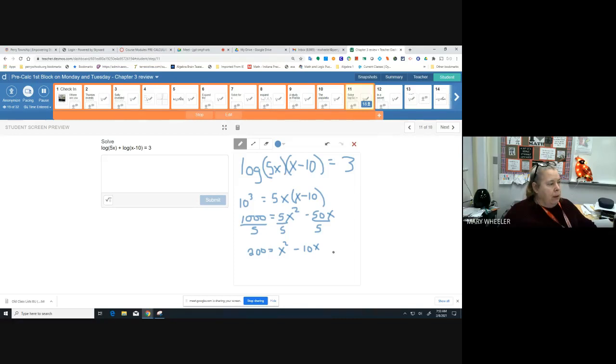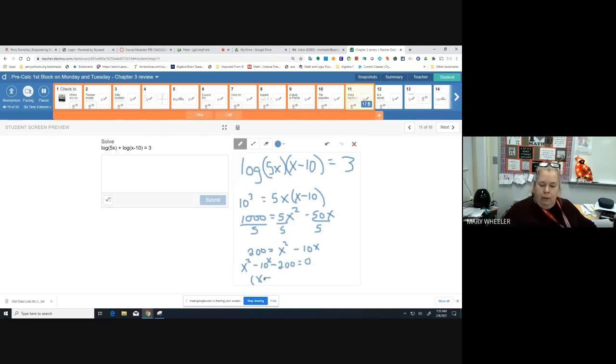Well, one thing I remember from first semester is if I'm solving, it needs to be set equal to 0. So x squared minus 10x minus 200, oops, forgot my x, equals 0.